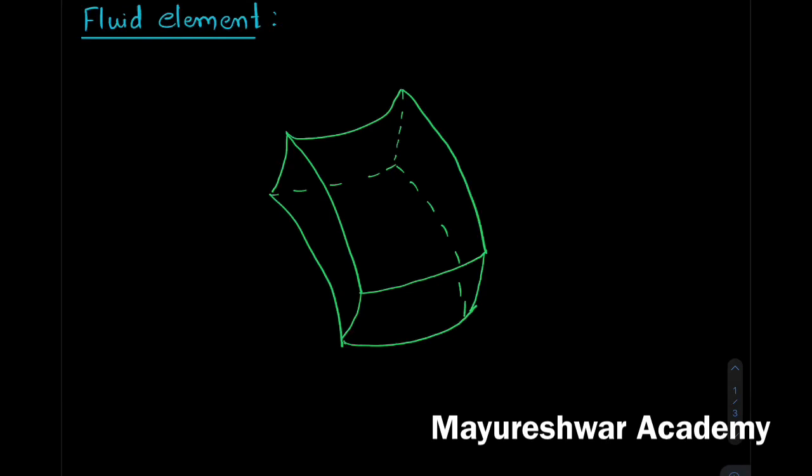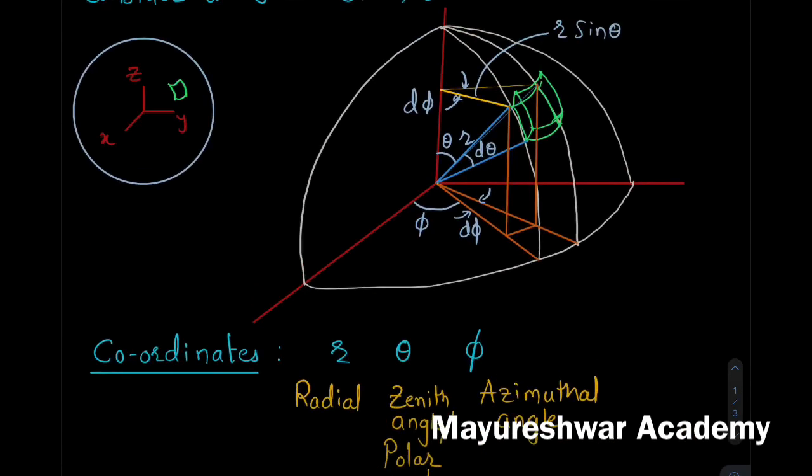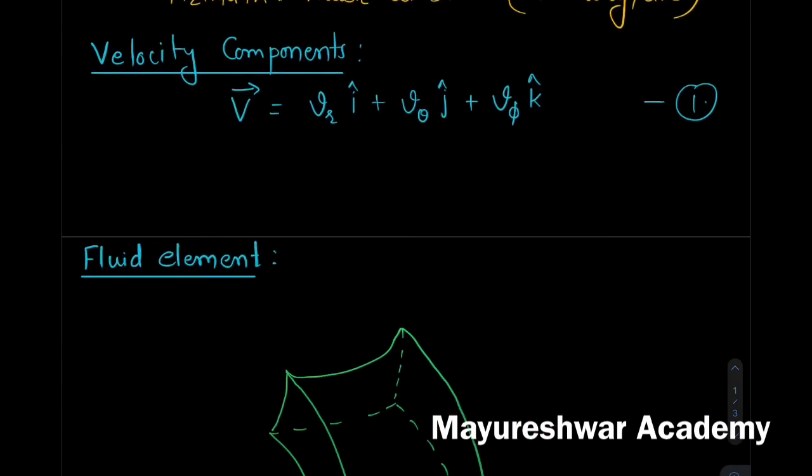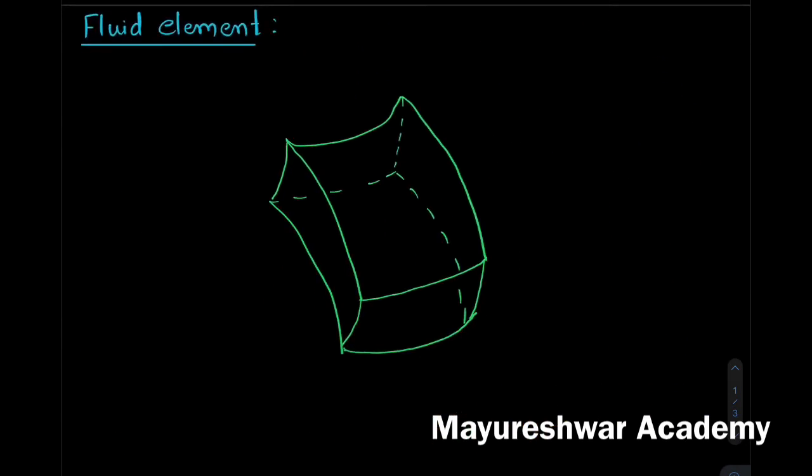This is how it will look if a piece of that is removed from a spherical shell. So this is a fluid element. Let us try to mark those arc lengths. This is going to be r sine theta, as we know, multiplied by d phi. That's the angular projection. And dr, as we have said, is the thickness.